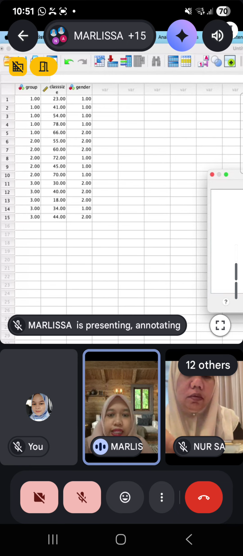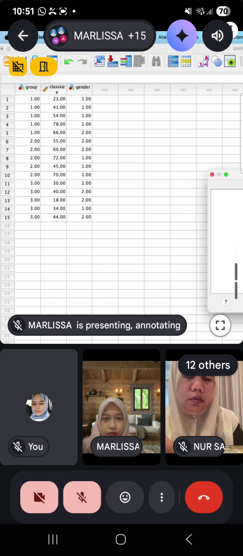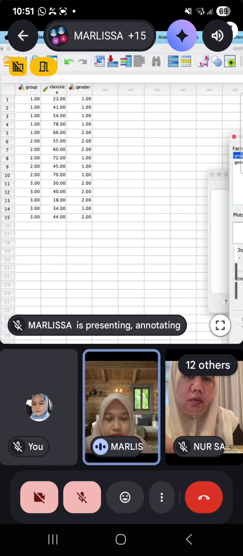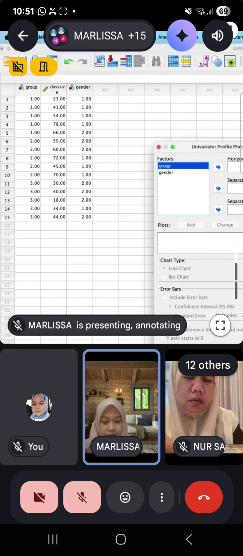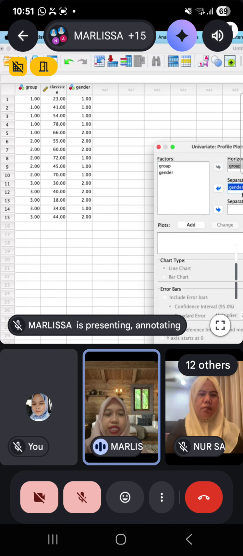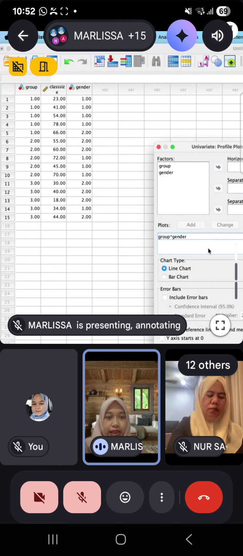Then you can click Plots. Put the group in the horizontal axis and put the gender in the separate lines, and click Add.